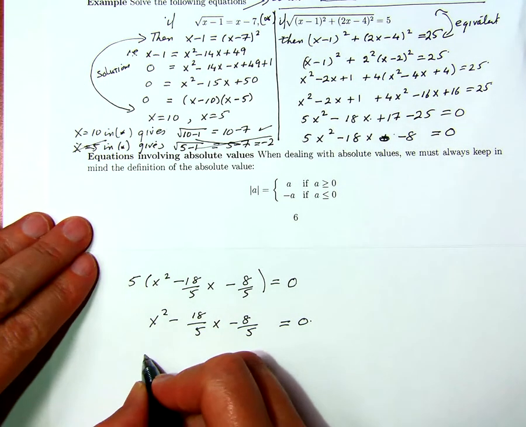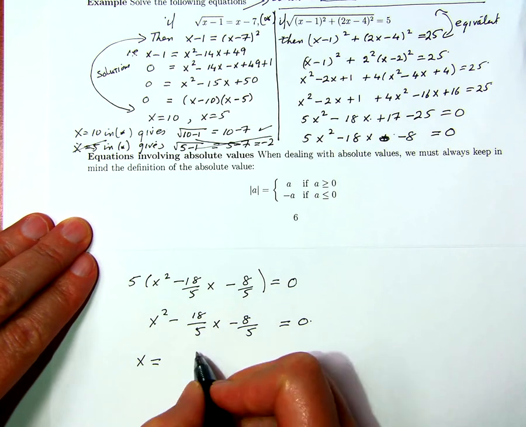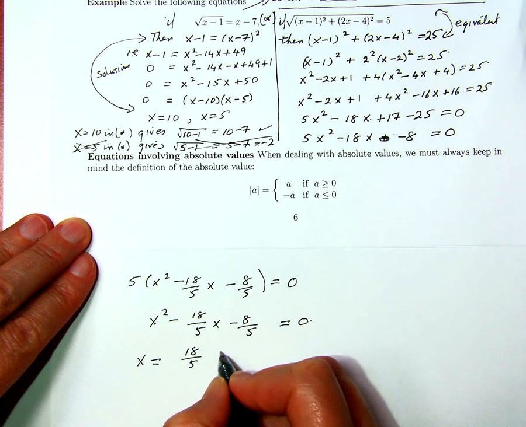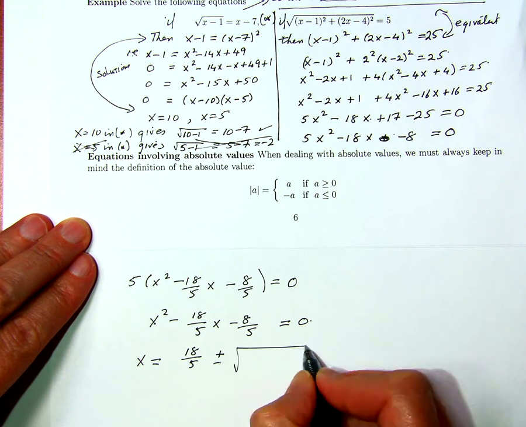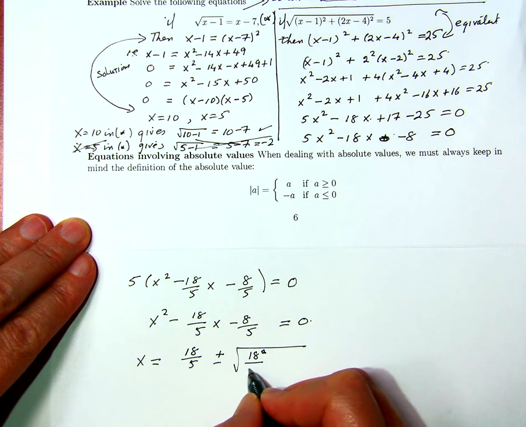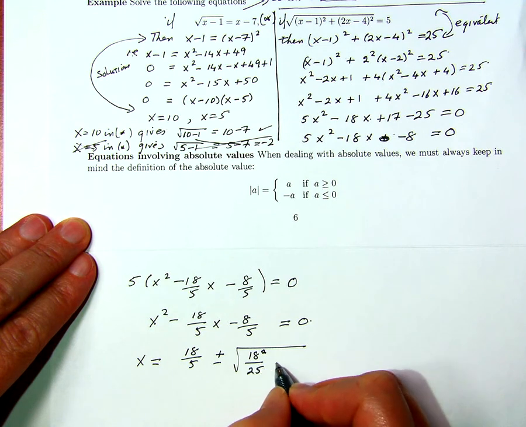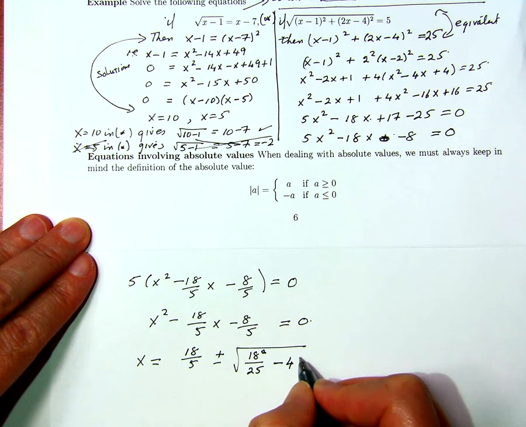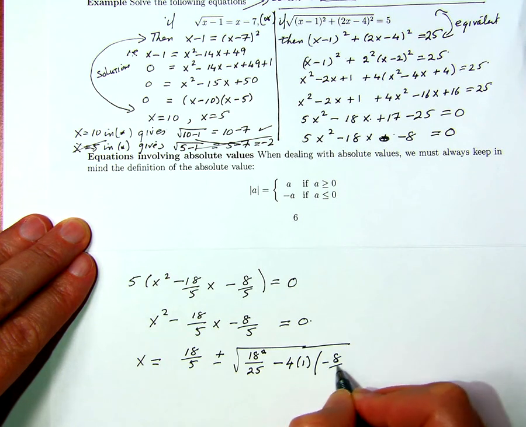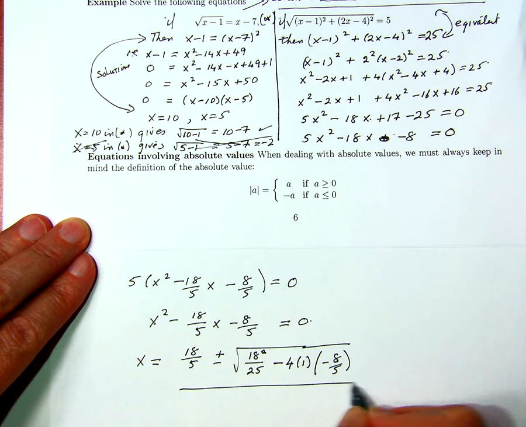So our solutions are x equals −b, which is 18 over 5, plus or minus the square root of b squared, which is 18 squared over 25, minus 4ac, all over 2a.